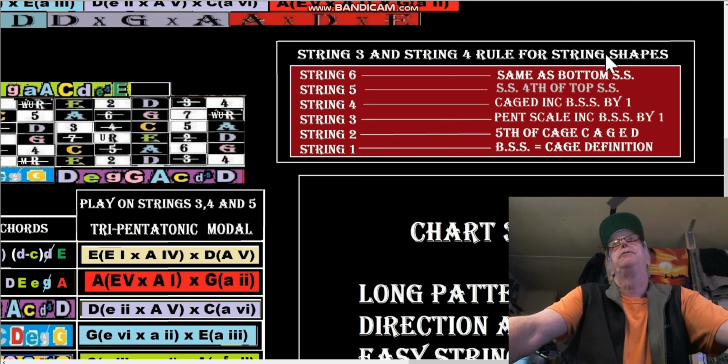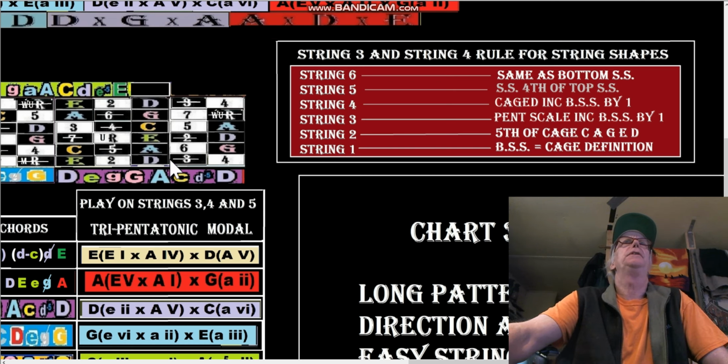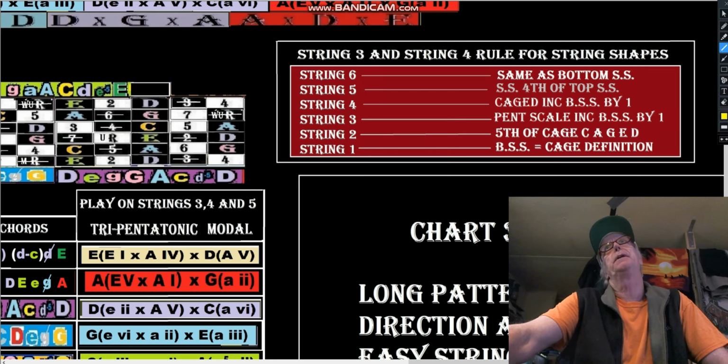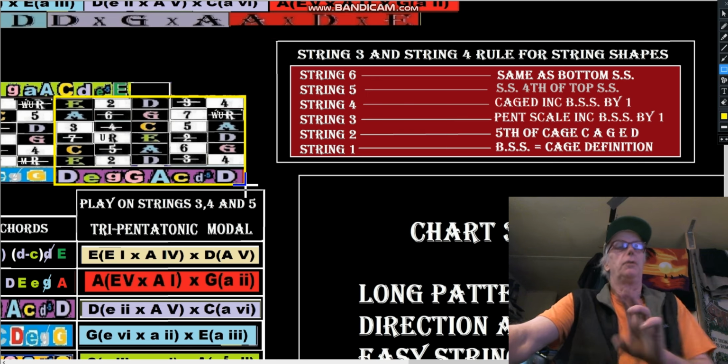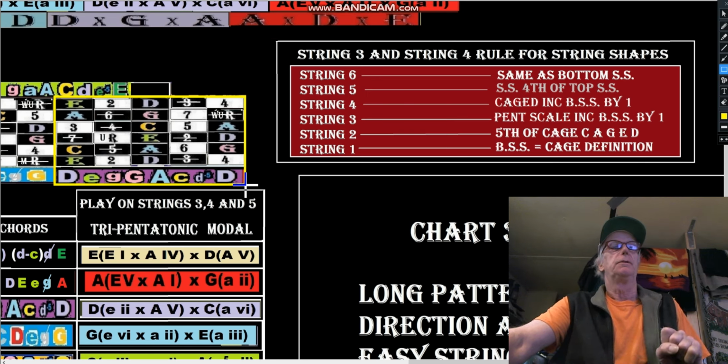Okay, so string 3 and string 4 rule, but this is actually the 6 strings rule. So we have here a little D box. It will work perfect for this. Alright, so let's just square up that D box so we know what we're talking about over here. It works with the D box, works with any box, long or short patterns.